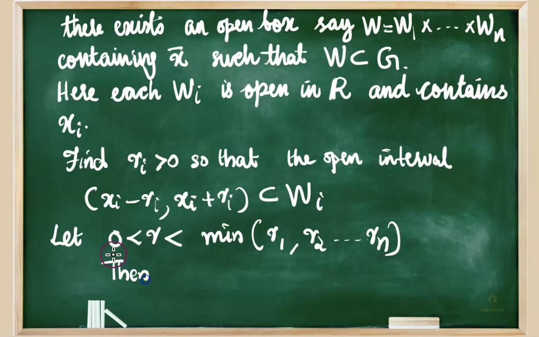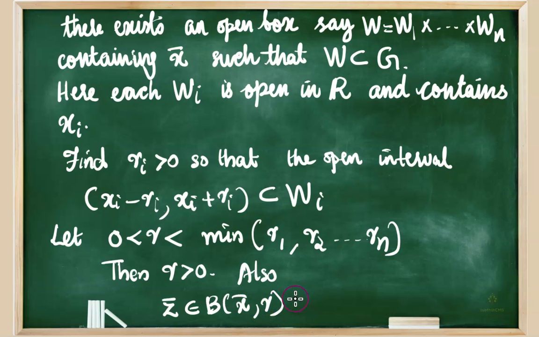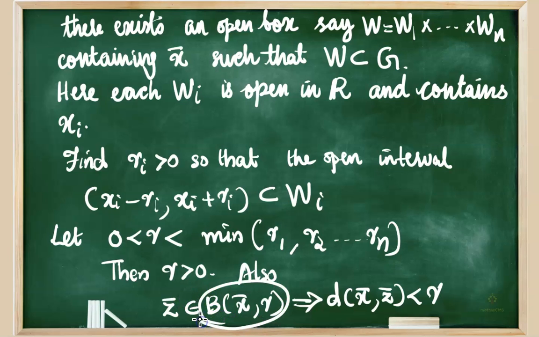Then note that this R is definitely positive. Also, z bar element of B(x bar, r) will imply that d of x bar z bar is less than r. So we have considered an open ball centered at x bar and with radius r, and we are trying to prove that this open ball is contained in G.